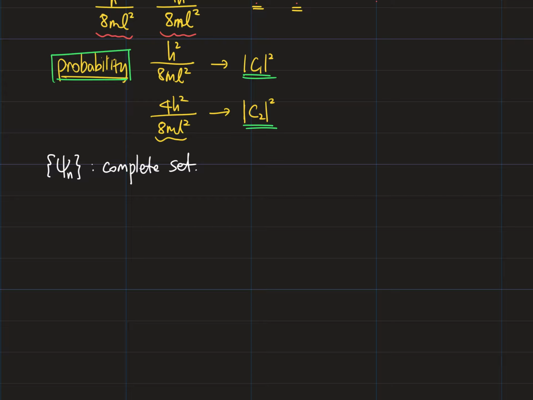This is a very powerful mathematical property, which means that if you have any normalized valid wave function capital psi, then we can express this function as the linear combination or the superposition of the complete set. Sometimes we call these the basis functions.